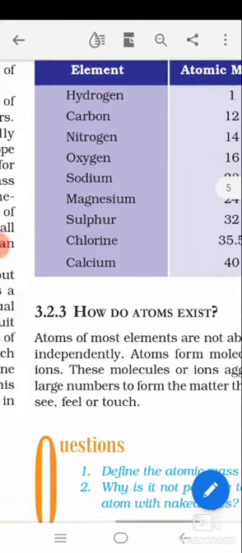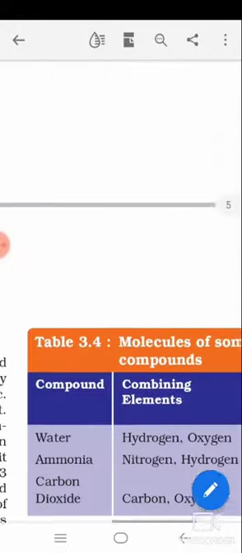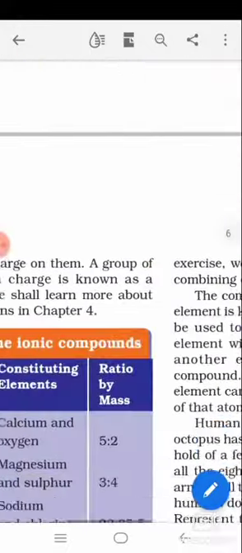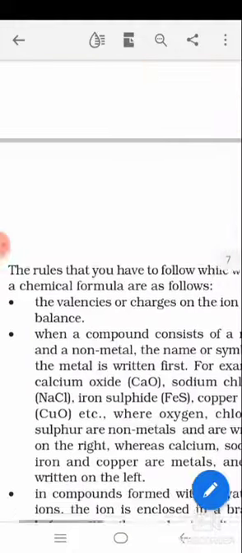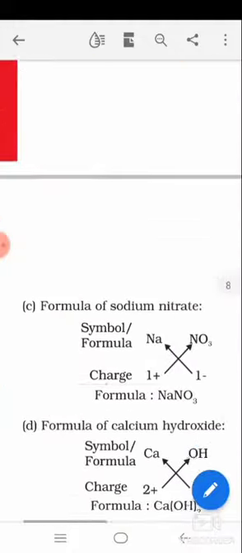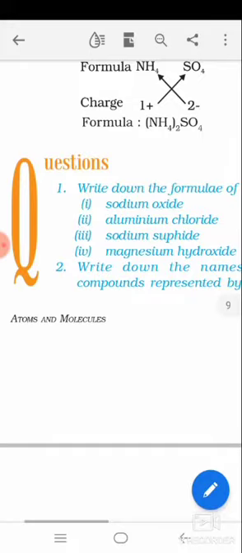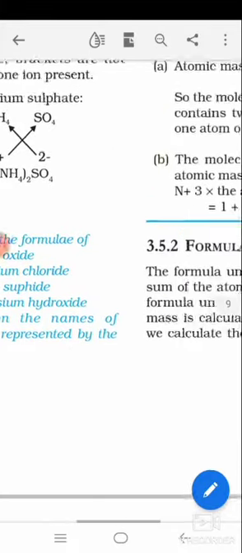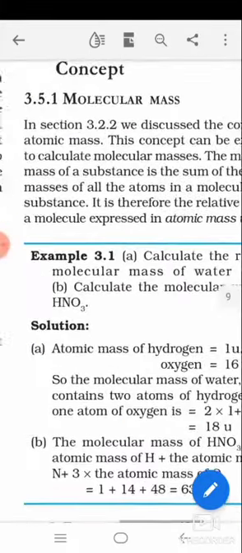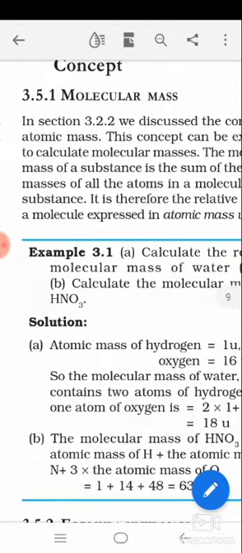I also gave you questions related to our previous topic, to find the chemical formula and the name, and finally 4 questions to find the molecular mass.